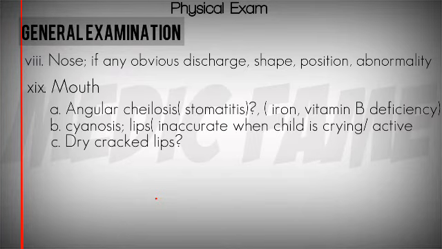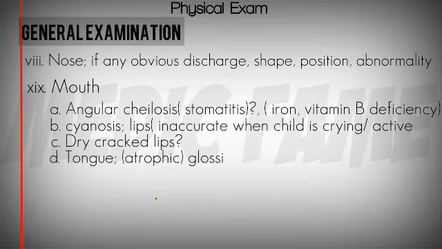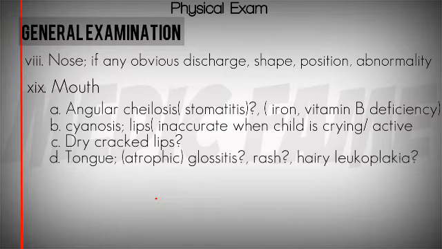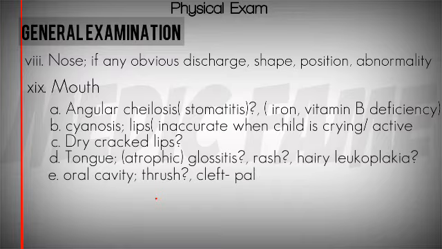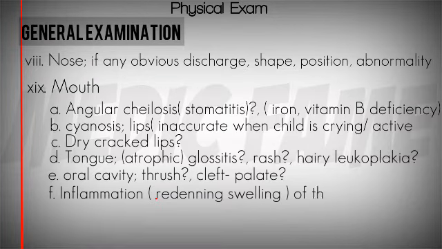And also we examine the tongue, if there's any sign of glossitis, rash, or hairy leukoplakia. We also examine the oral cavity, if there's thrush or cleft palate. And also we examine for inflammation, reddening or swelling of the throat, and any sign of tonsillitis.